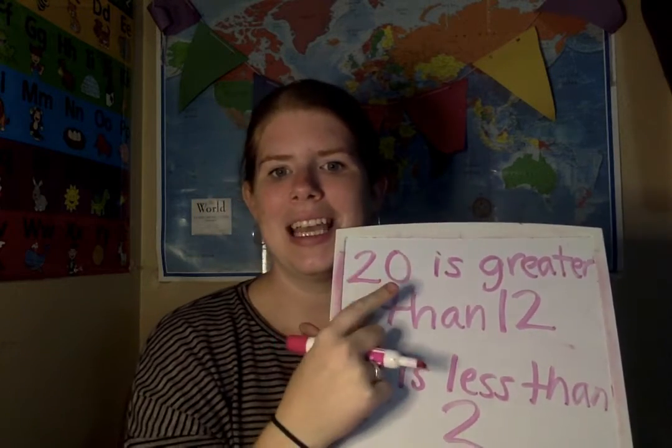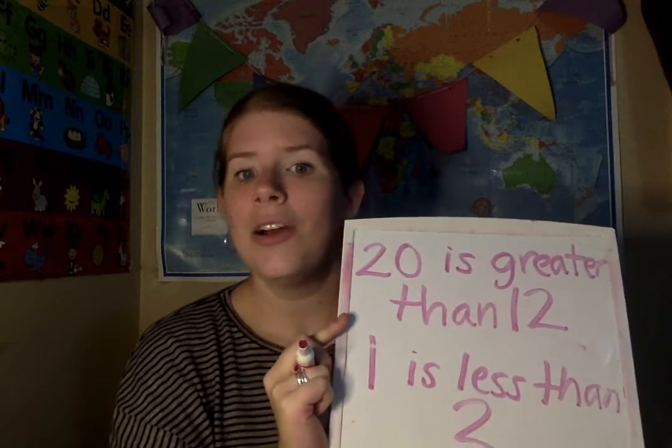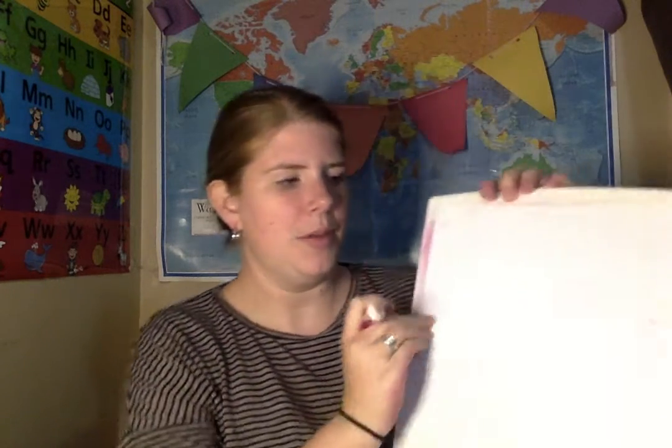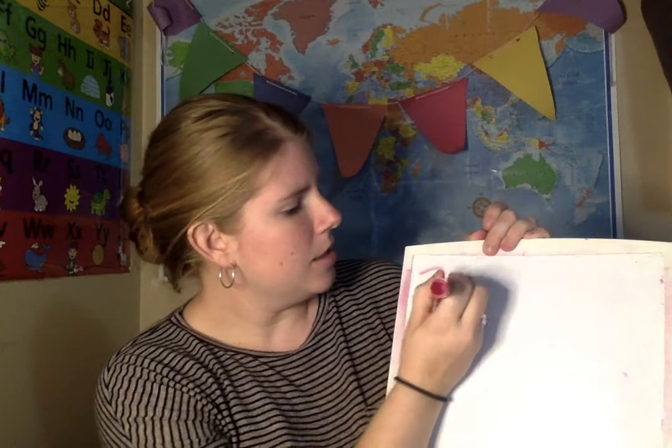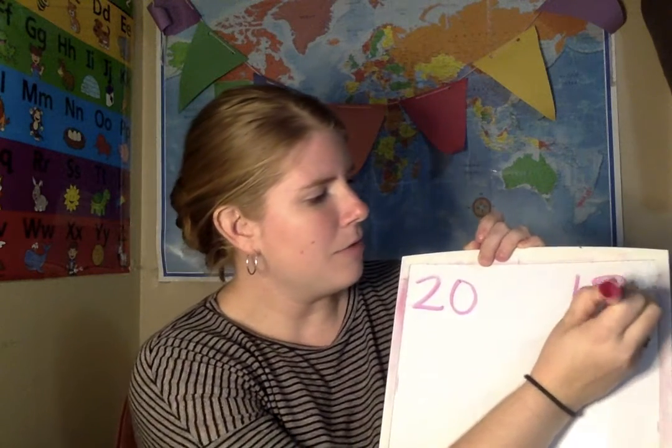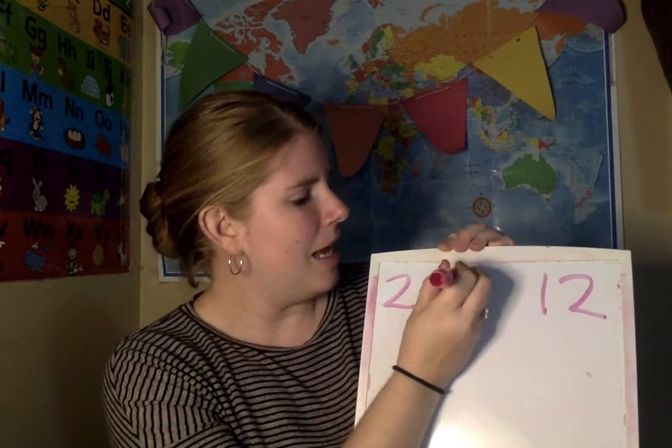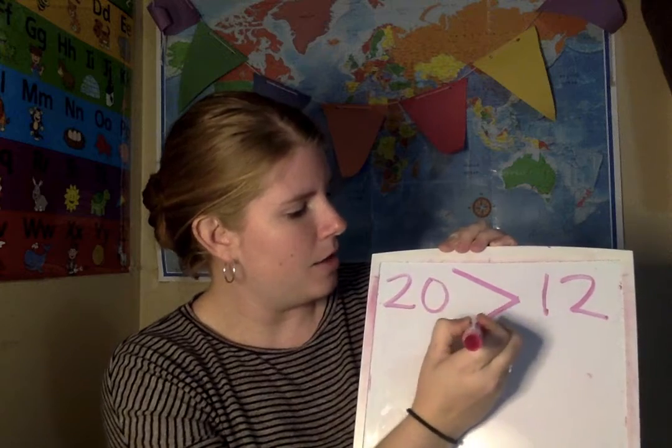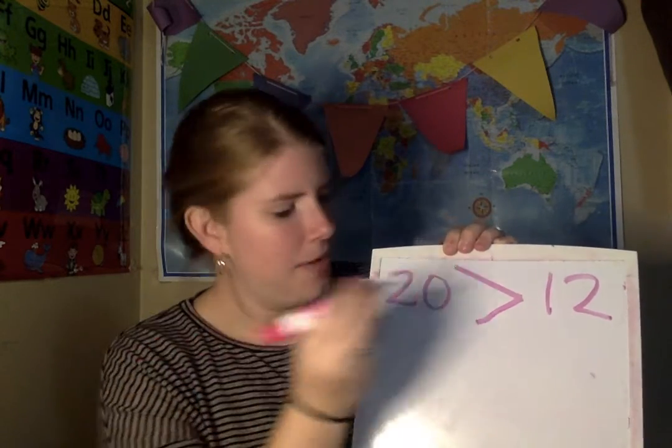And so there are also symbols to say is greater than or is less than. Let me show you what they are. So the first symbol, we have 20 and 12. Okay, 20 is greater than 12. We need a symbol to say greater. And that is just part of a triangle, just like that.